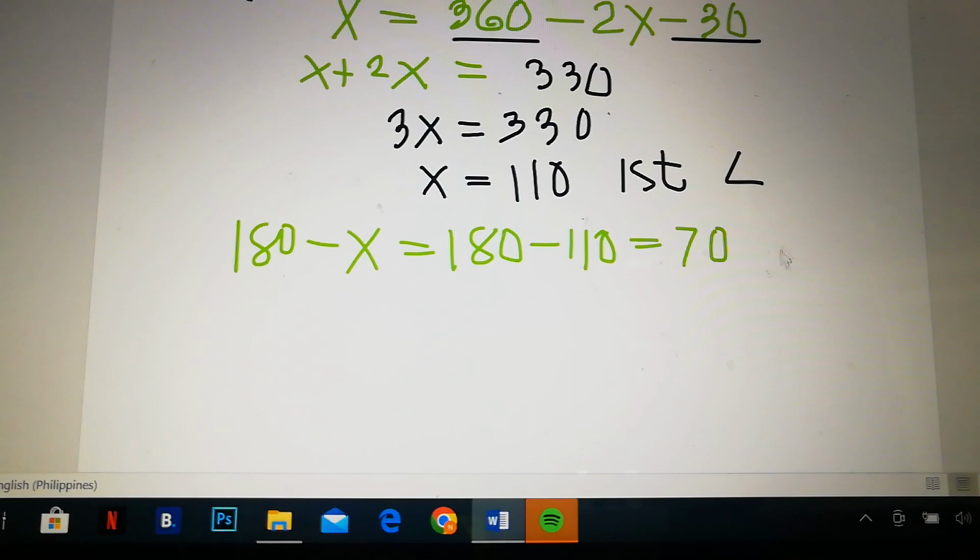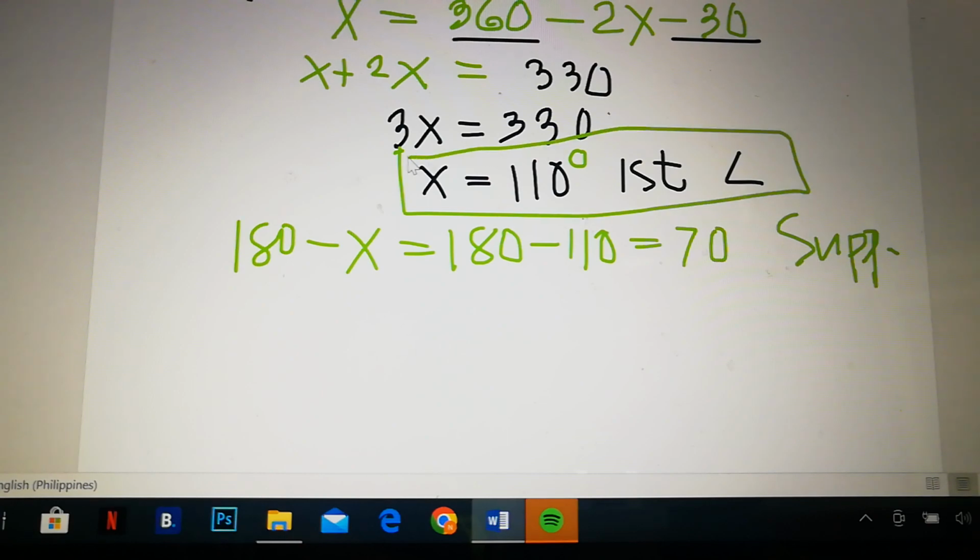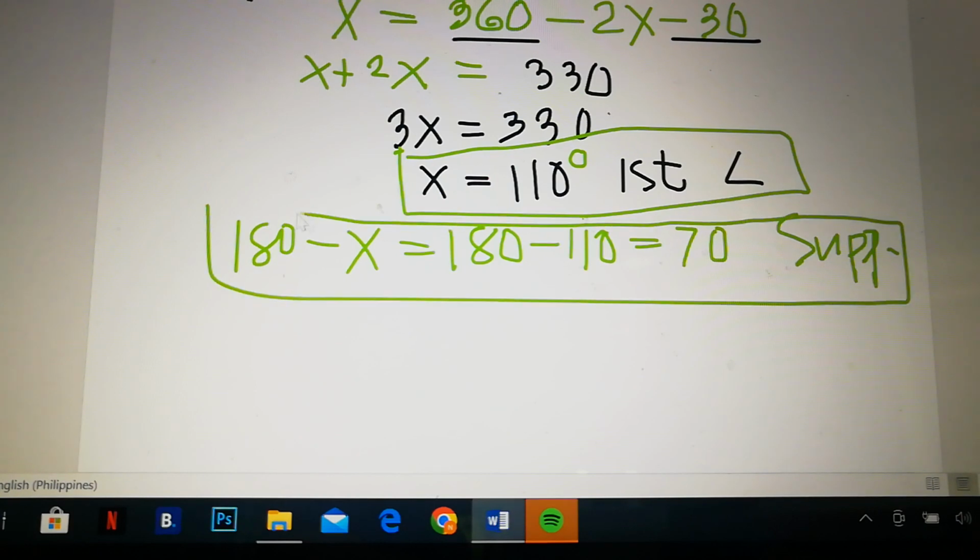Okay, so this is now the supplement. So the answers are 110 degrees, and the measure of the supplement is 70 degrees.